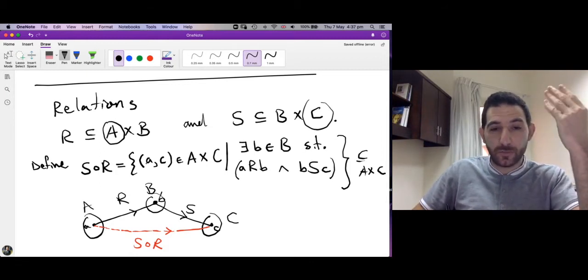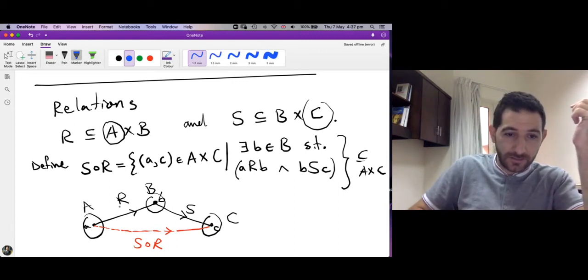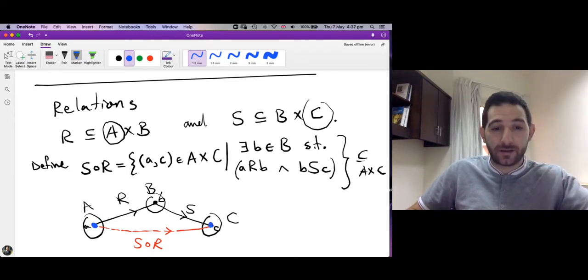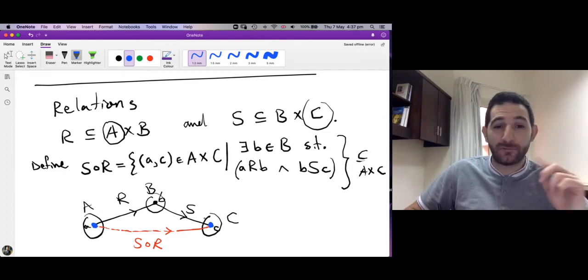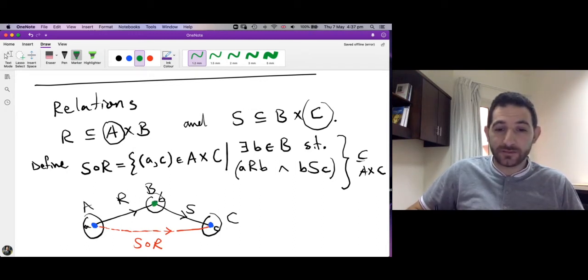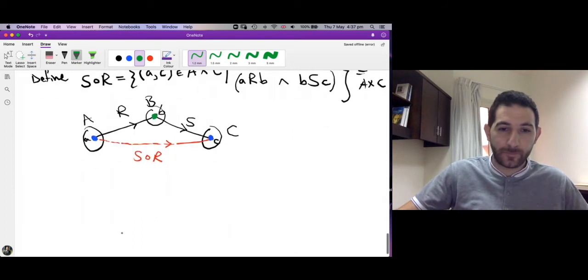It is the set of all pairs A in A, okay, so here is A, and C in C. So we will declare this element is related to this element if and only if we can find an intermediate element B in which A is related to B by R and B is related to C by S. Okay, so let's have an example.